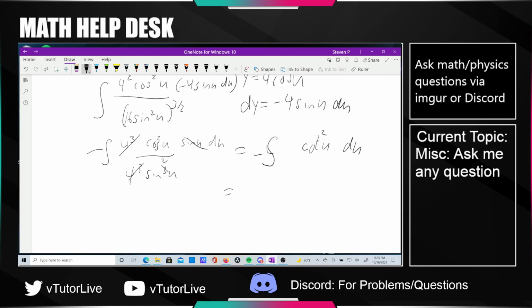Is it standard? Let me double check. Yeah, I believe it's considered a standard integral, and if you really need to see it, it's the minus integral of, well, it's just cosine squared over sine squared, right?